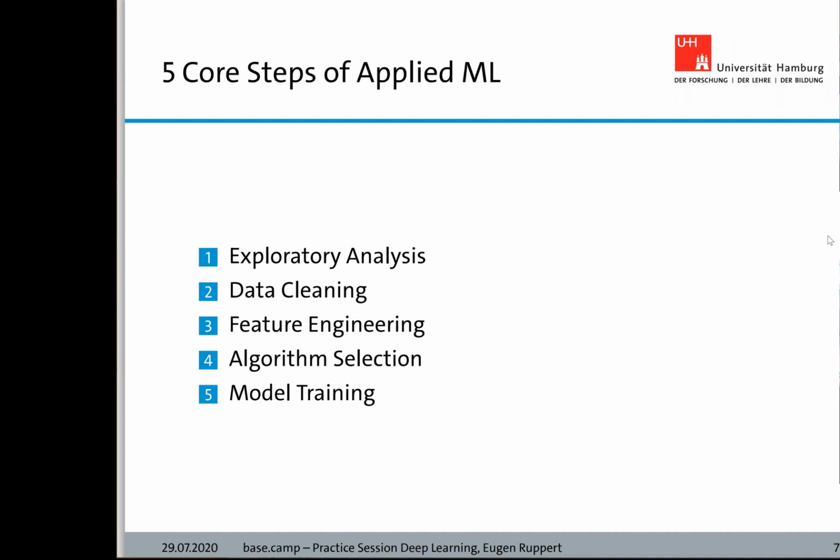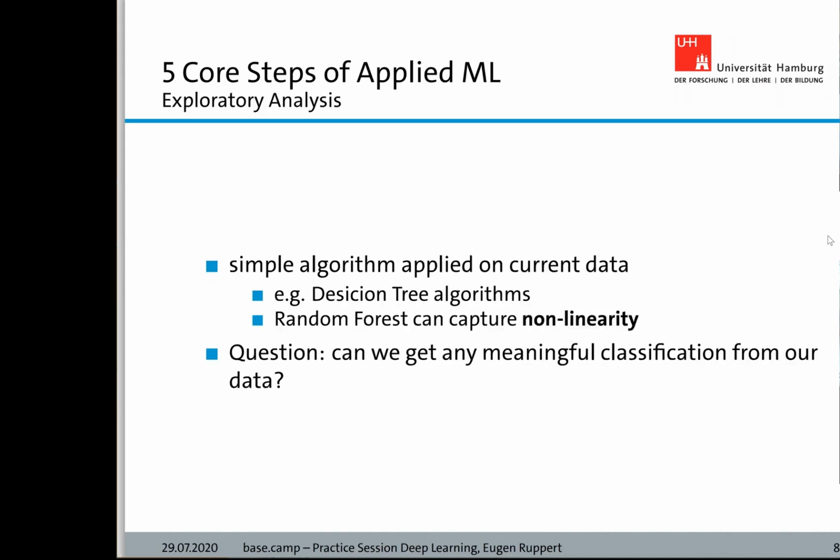Then you do some feature engineering to combine some features, maybe bring some additional features from outside. Once this is done, you can see the data you have and perform an algorithm selection. Afterwards, you train the actual model and evaluate this. We can quickly go over each step in more detail.